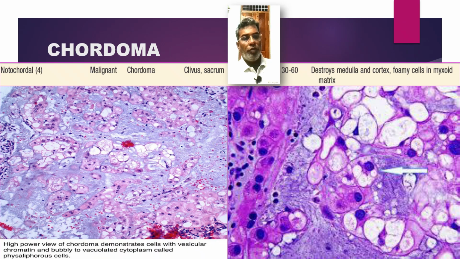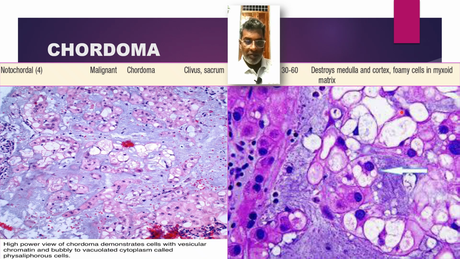Coming to bone tumors of notochordal origin, that is chordoma. It is a malignant tumor present in the sacral region of age group 30 to 60 years. It will destroy the medulla and cortex. You can appreciate the myxoid matrix and foamy cells. So, on microscopy, this is a chordoma demonstrating the cells with vesicular chromatin. And if you appreciate the cytoplasm, it is looking bubbly.